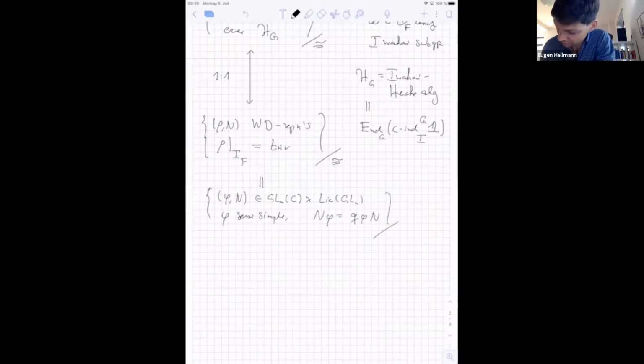And these may be then taken up to conjugation.